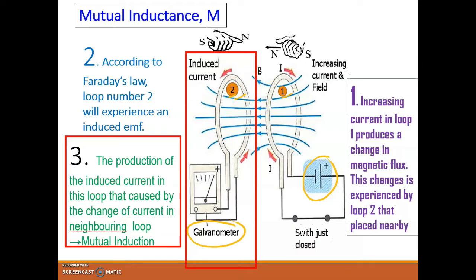The flux will also be experienced by coil number 2. By Faraday's law, coil number 2 will experience an induced EMF. The production of induced EMF in coil 2 caused by changing current in coil number 1 is known as mutual induction.